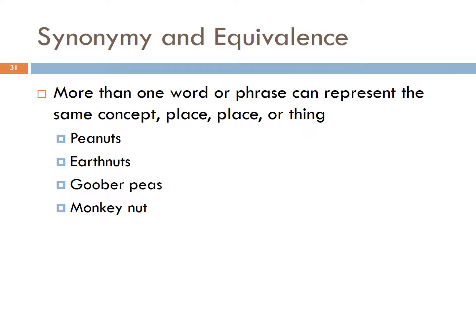Synonymy refers to the opposite problem in natural language, the fact that more than one word or phrase can represent the same concept, the same place, the same person, or the same thing. The terms that you see on the screen there, peanuts, earth nuts, goober peas, and monkey nuts, are all variant names for the same type of nut.